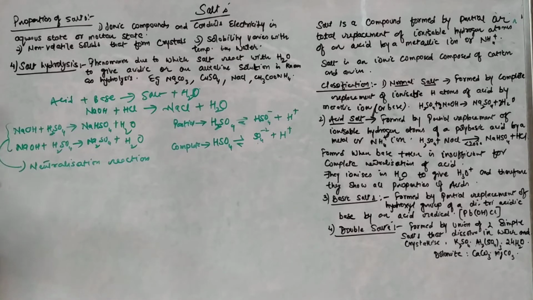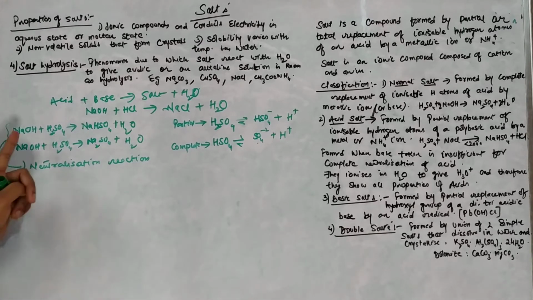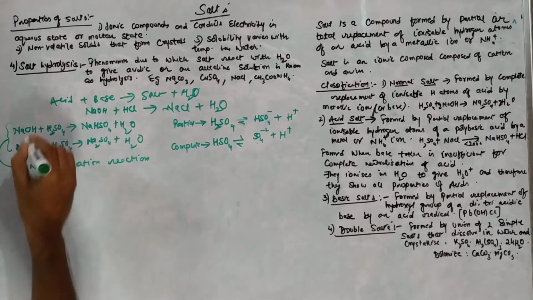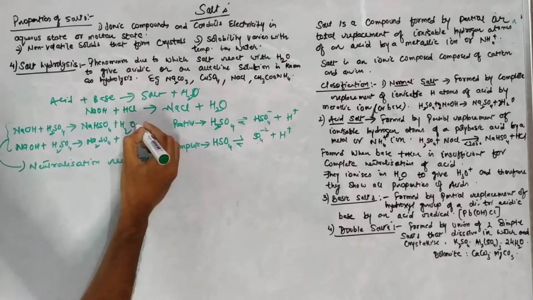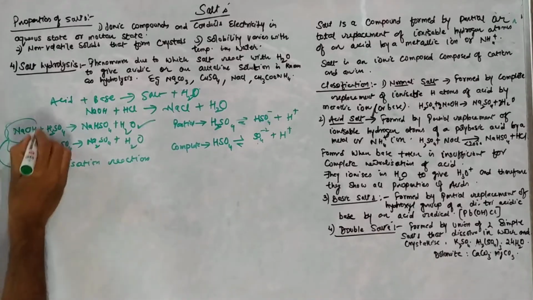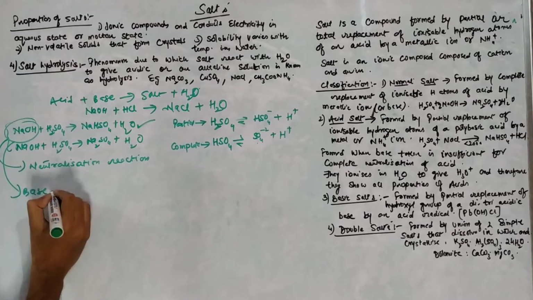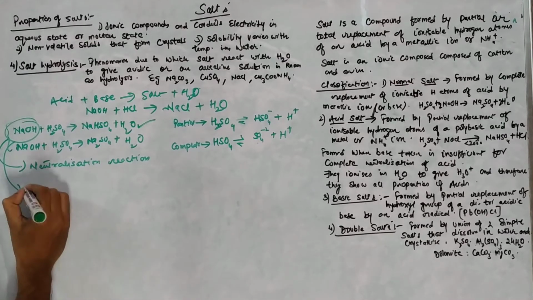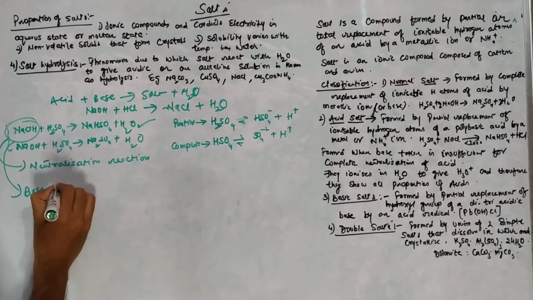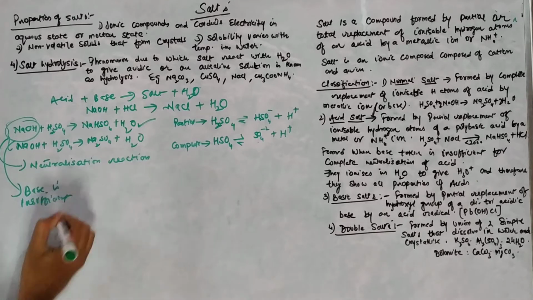Now you need to remember one thing here: in the first step, where sulfuric acid is partially getting ionized, this reaction will occur when the quantity of base is insufficient, right.